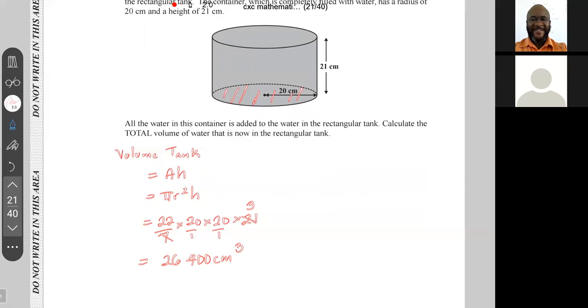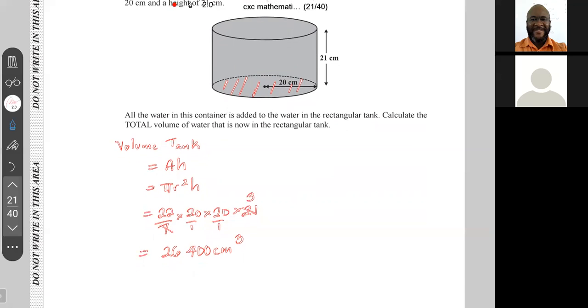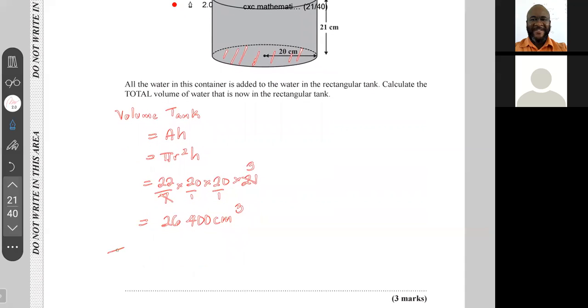So this cylinder was filled with water and then poured into the tank. Then we're asked for the total volume. The total volume would be 30,000 plus 26,400, and that would be 56,400 centimeters cube.